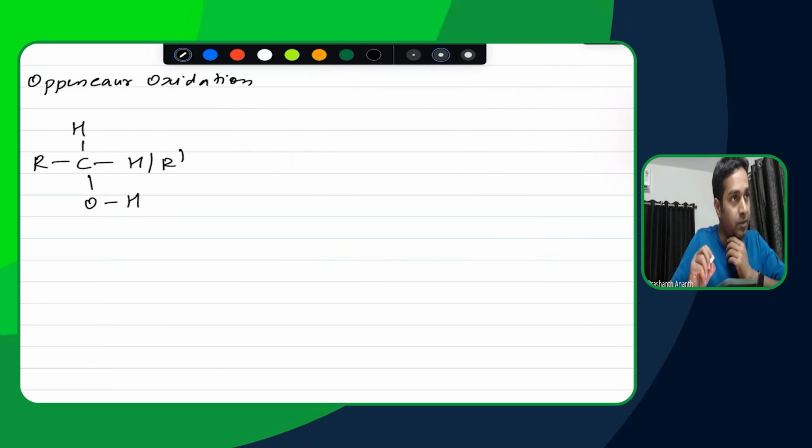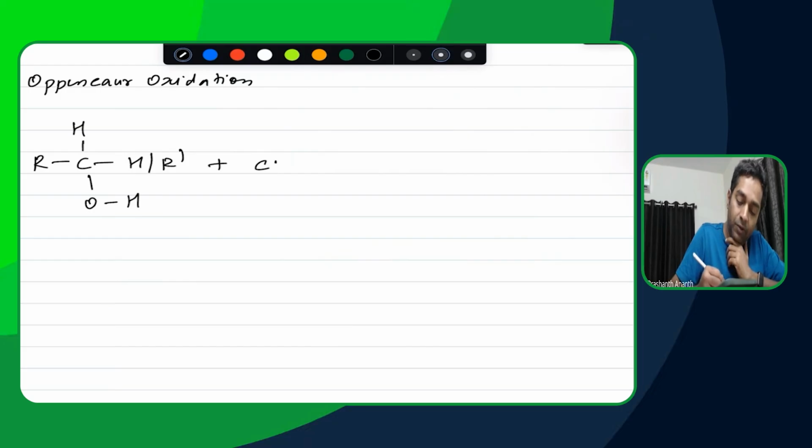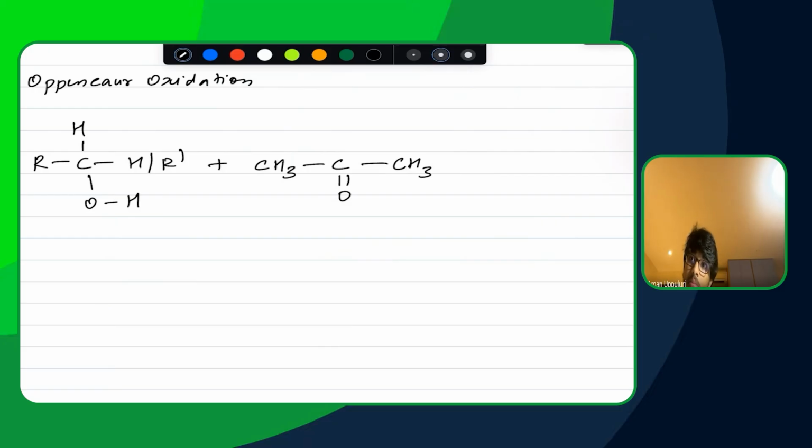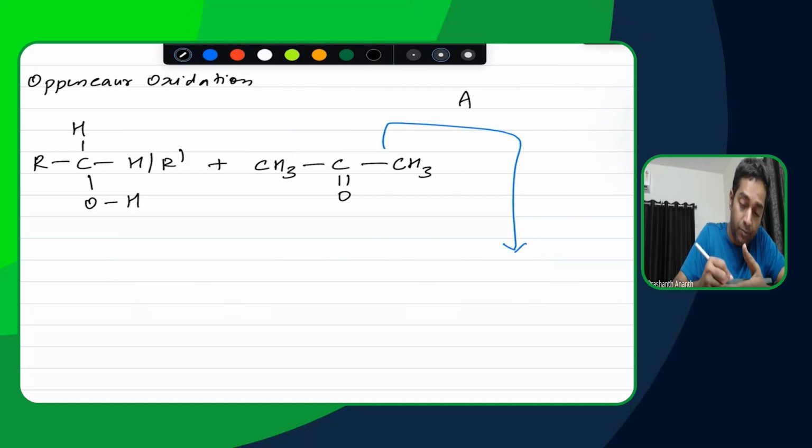Something like this. This I will now react with acetone. This time though, I will be using aluminum tertiary butoxide.